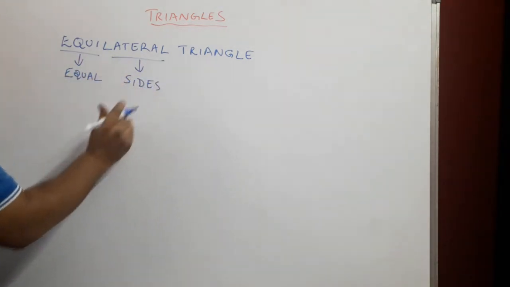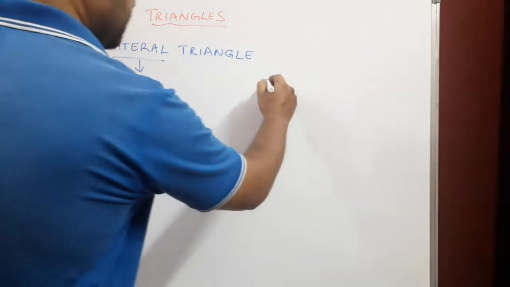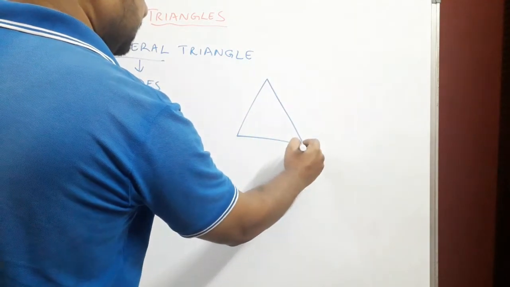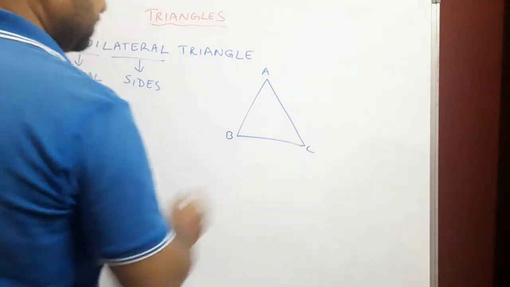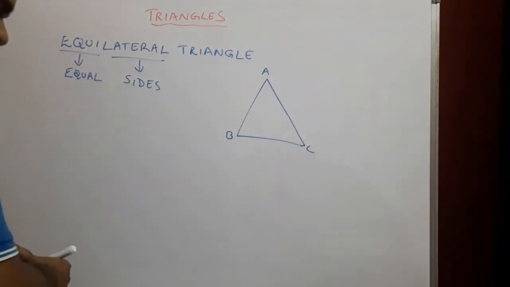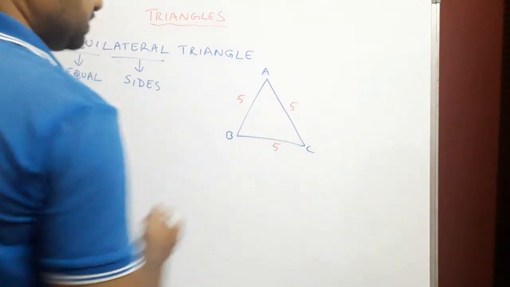So equal sides. This triangle has equal sides. If we draw a triangle like this, I'm just drawing it freehand, let us assume we have a triangle A, B, and C. In an equilateral triangle, all three sides will be equal. So if this is 5 centimeters, this will be 5, and this will be 5 as well.